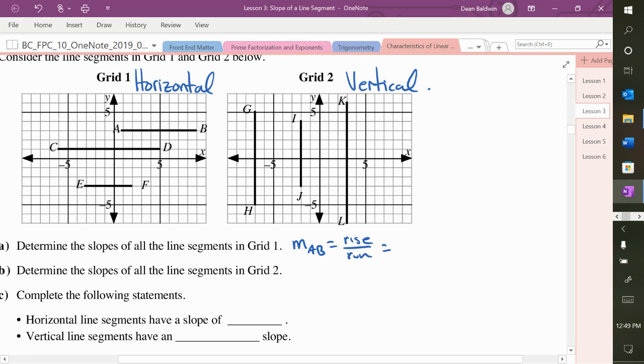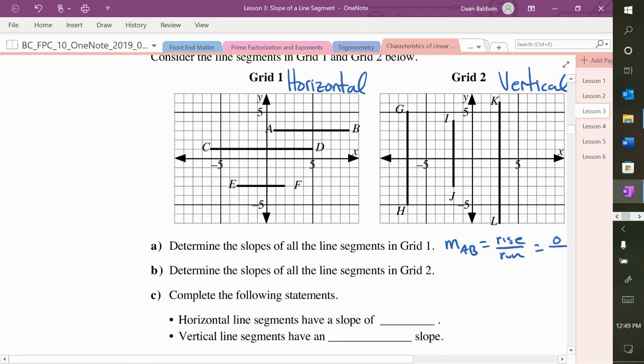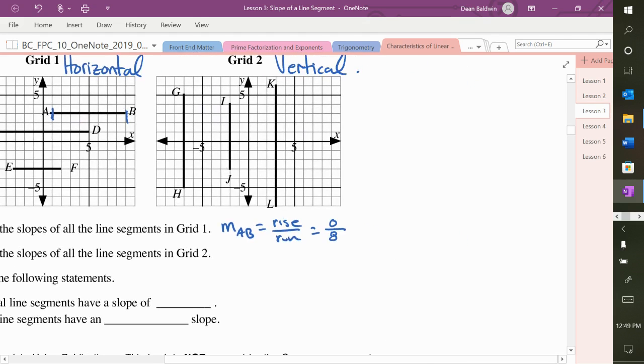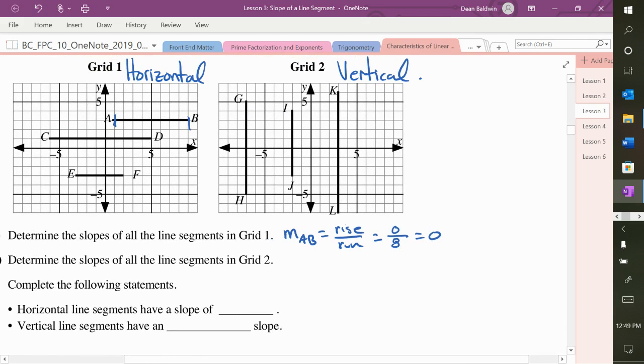What's my rise here? 0. I haven't gone up, right? What's my run between A and B? Is it 8? I think it is. 8. Let's just go with 8. Doesn't matter. What's 0 divided by any number? 0. So, is that going to be the same for all the lines in there?